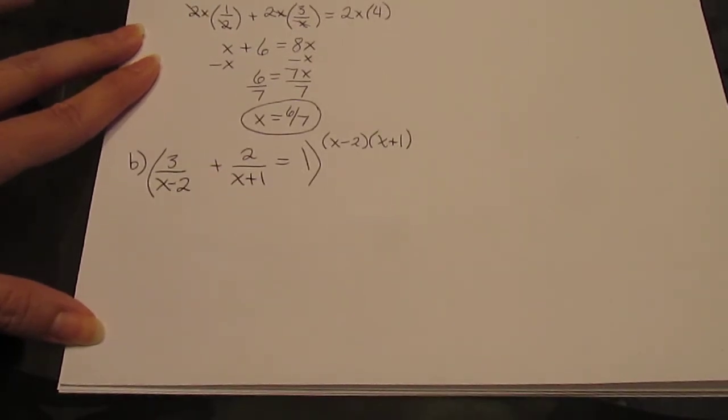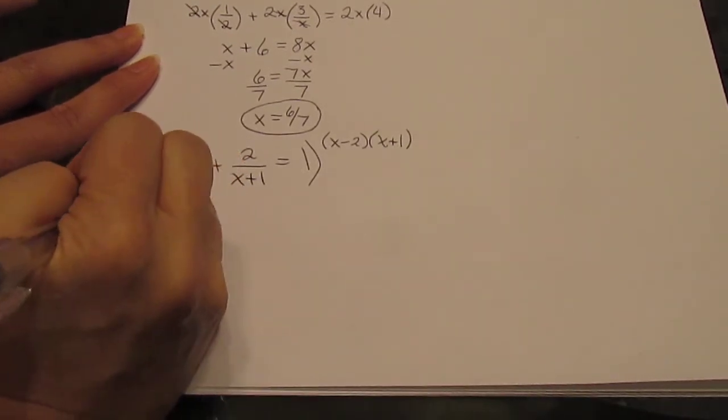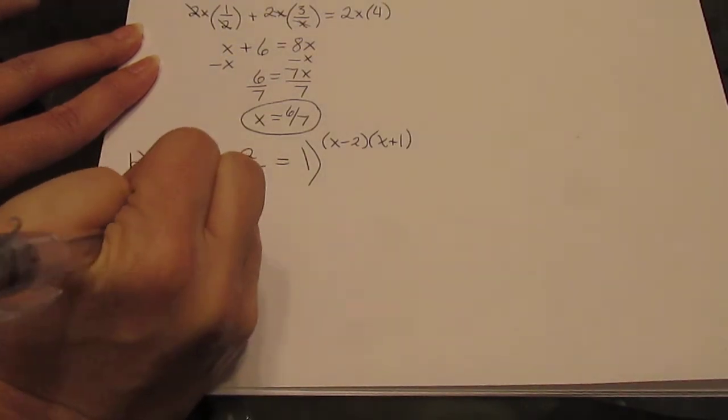So I'm going to multiply each of the terms by x minus 2, x plus 1.